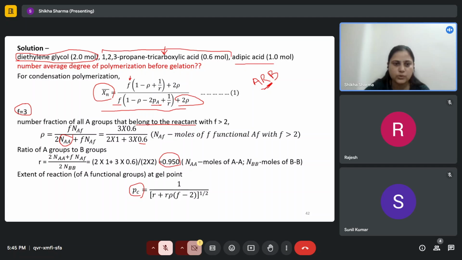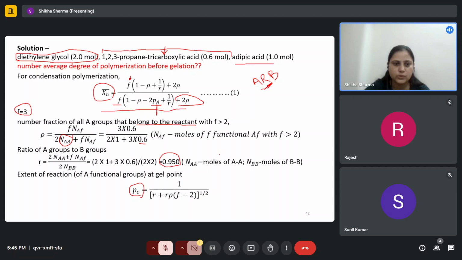So we just don't know this value, plus 1 upon R plus 2 rho. So we can calculate PA or PC value equals 1 upon R plus R rho multiplied by F minus 2, whole in the square root, right?